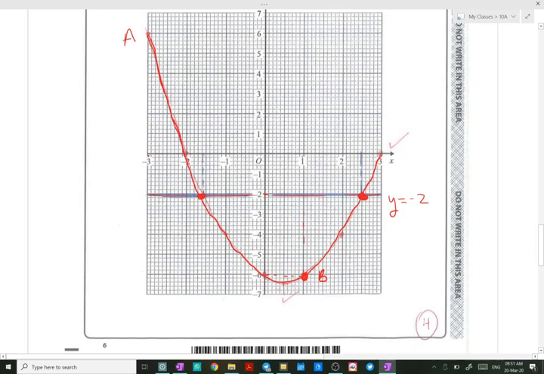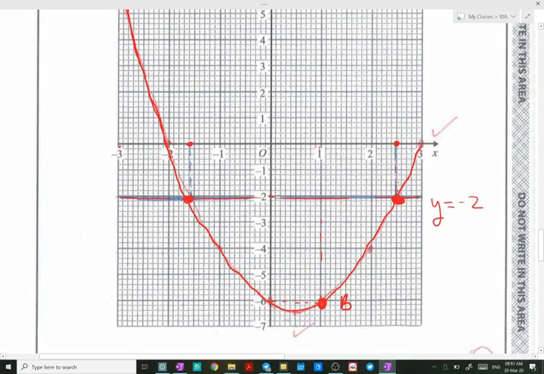You just draw with your ruler a vertical line, parallel to the y-axis. Where it meets the x-axis would be your first solution, and we do the same for this point. You draw a line perpendicular to the x-axis, parallel to the y-axis, and you will get the second solution, which is the value of this x. So let us estimate.